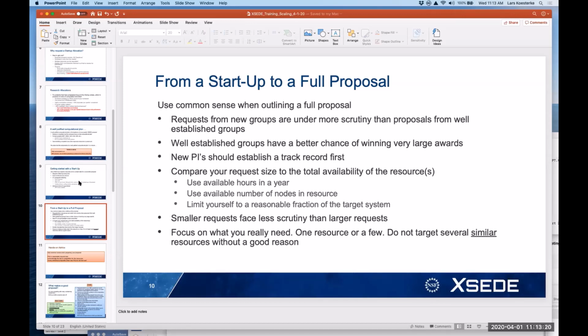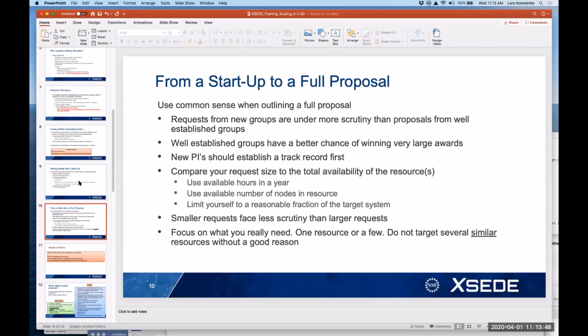It's a little bit different for smaller systems and for larger systems, but if you ask for time on a large system in XSEDE and you are asking for 10% of all the available SUs, then you're already in a regime where the air is very, very rare, and as a new PI you have no chance of winning 10% of a large resource in XSEDE.